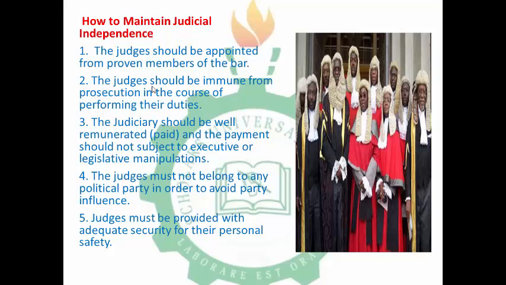So they should be well protected, and the provisions of the law should also protect them, so that they are freed from any form of threats from any individuals in the society.